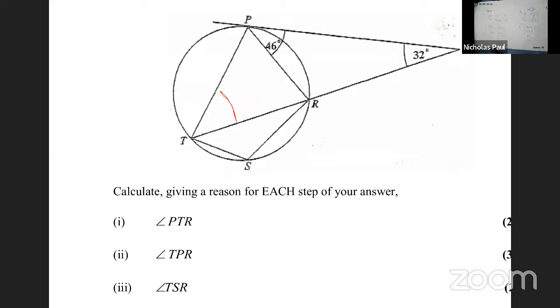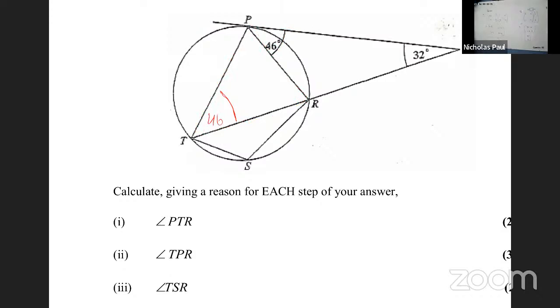Saunders, what angle is supposed to be there? 58, good try, but what do you see? Triangle meets a tangent. So you could use the alternate segment rule. You see that? So if there's 46, how much is here?